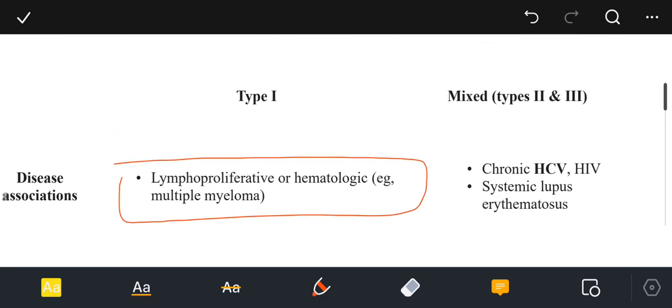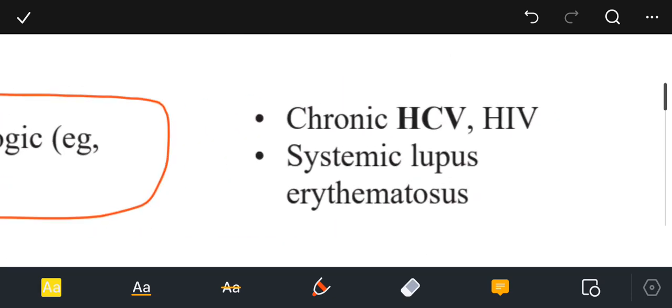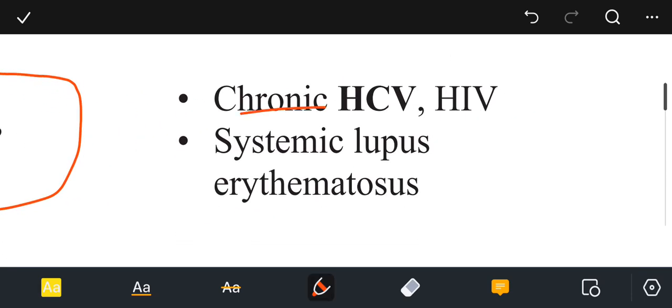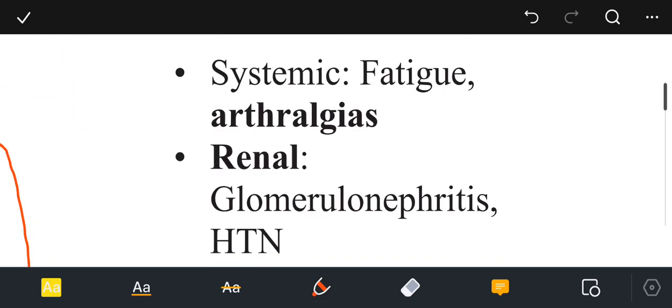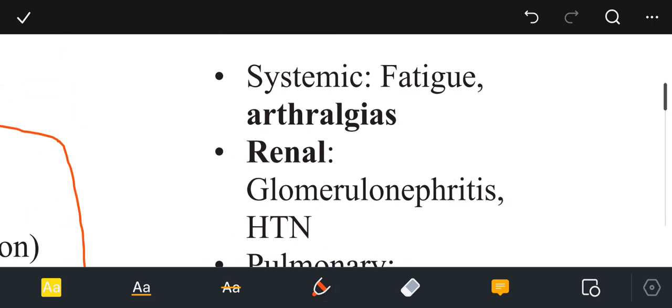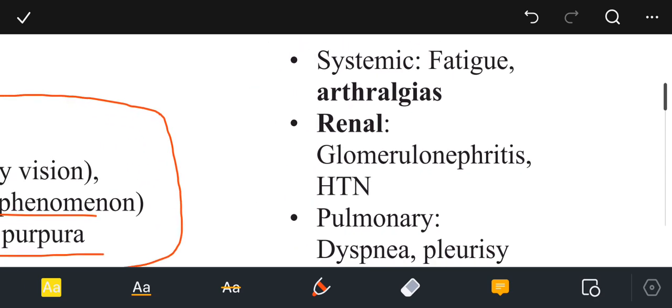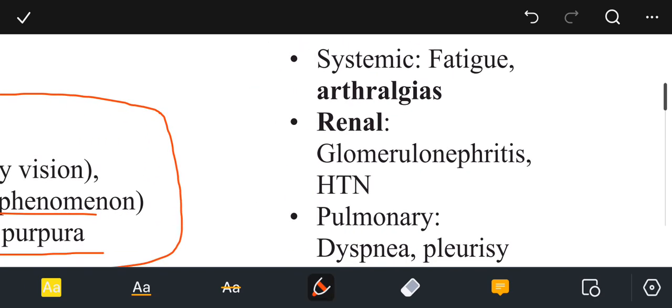Over here we can see that in type 2 and 3 cryoglobulinemia, chronic hepatitis C or HIV, and systemic lupus erythematosus can be the cause. The symptoms of type 2 and type 3 cryoglobulinemia will be systemic symptoms including fatigue and arthralgias. The renal symptoms include glomerulonephritis and hypertension.